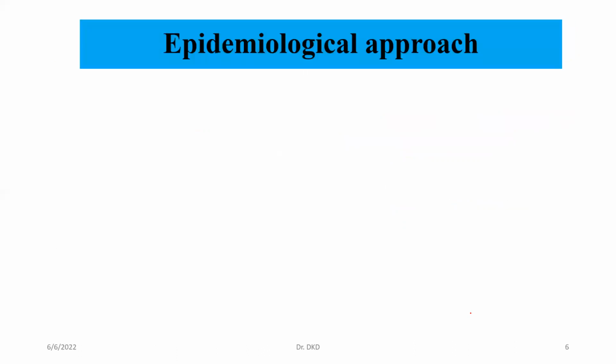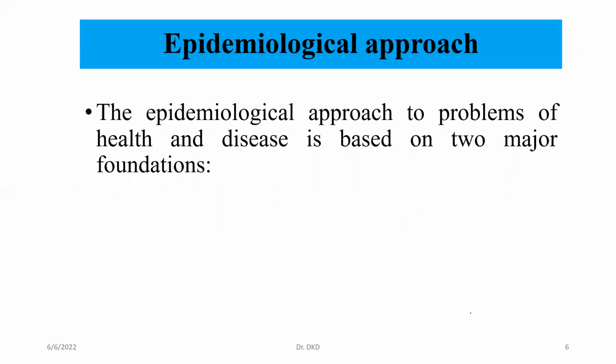Now we need to understand the approach of epidemiologists. The epidemiological approach to problems of health and disease is based on two major foundations. The first is asking questions. As we know, which kind of disease, when, where, what, how.